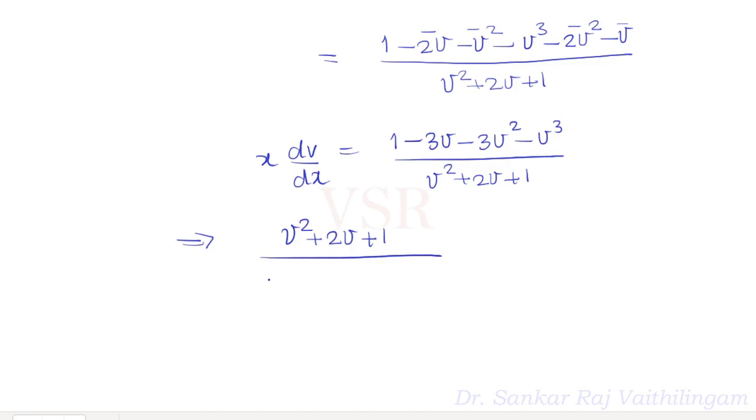What is this? Shall we take a minus outside completely? If we take the minus outside, we'll have v cube plus 3v square plus 3v minus 1. Okay, denominator divided by denominator.